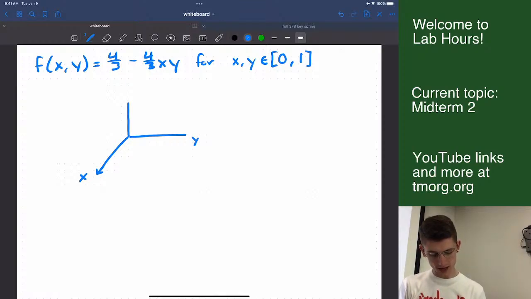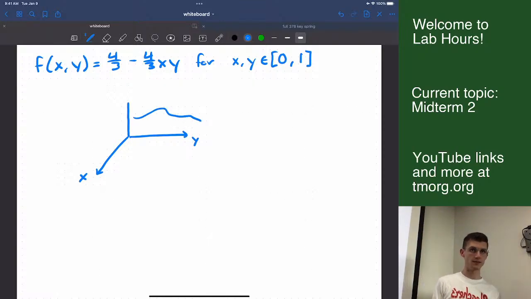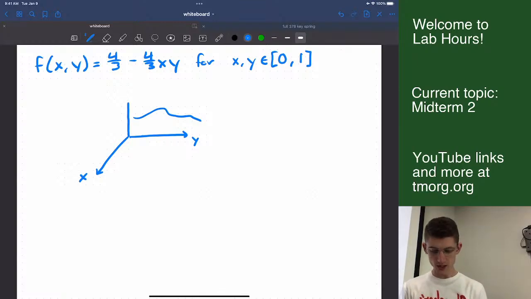And then in the y direction, you've got some sort of probability density there as well. But the actual value of f of xy would be on this third axis here, and that would give some curve to this.